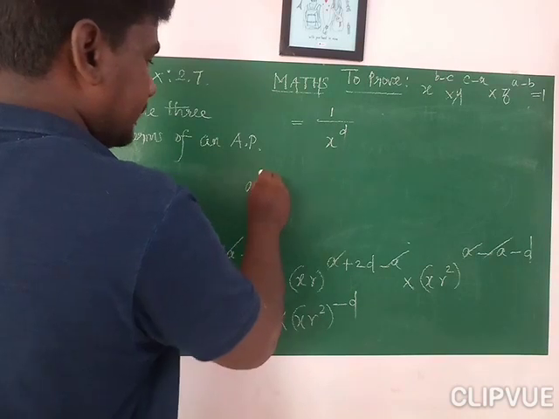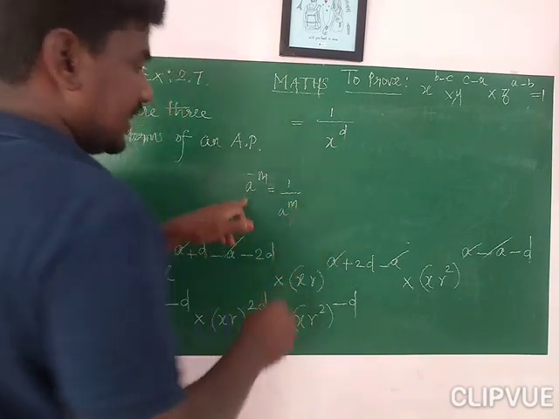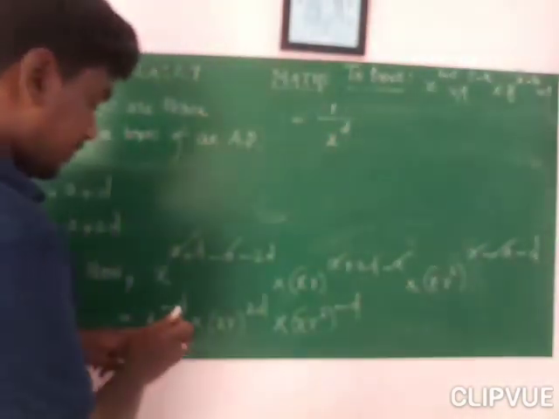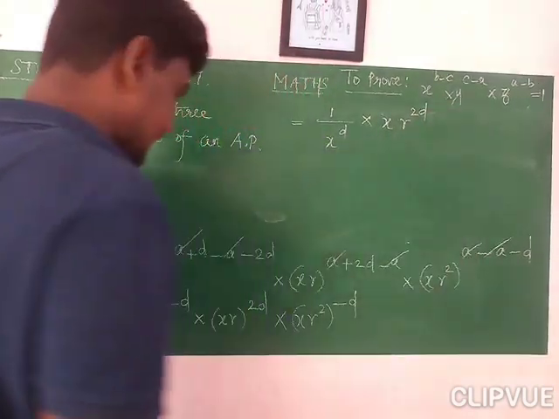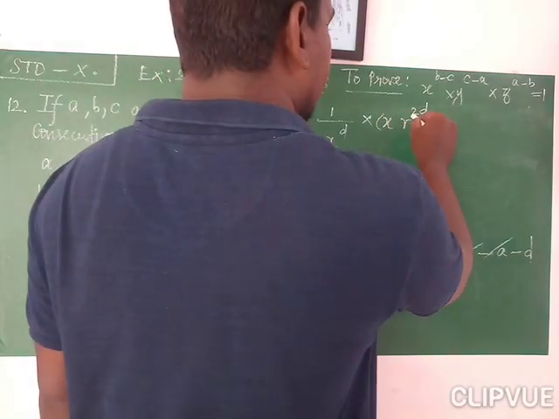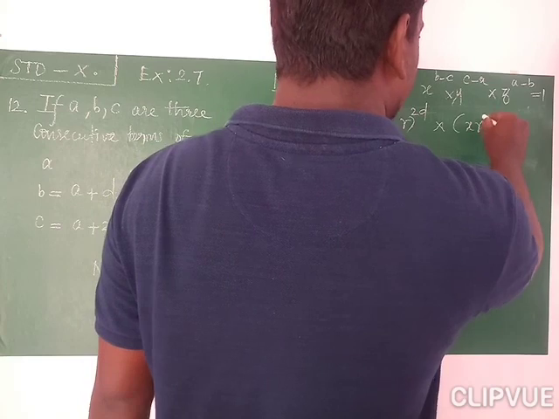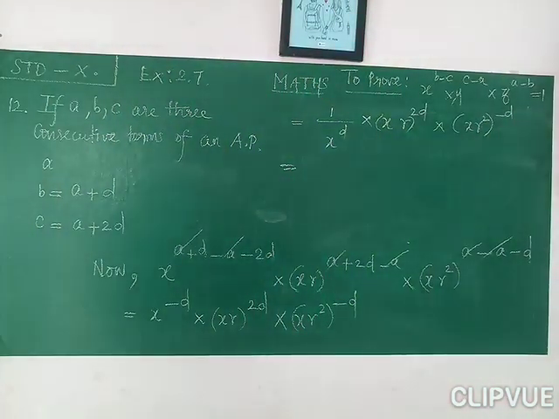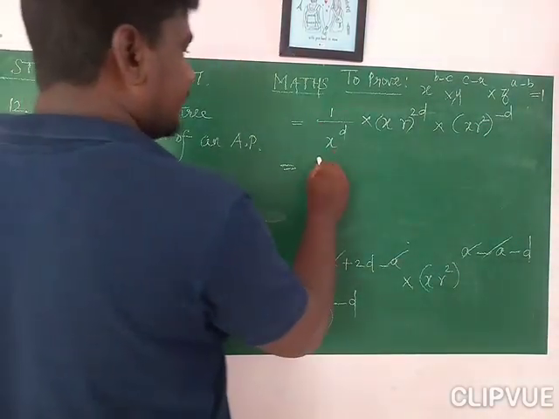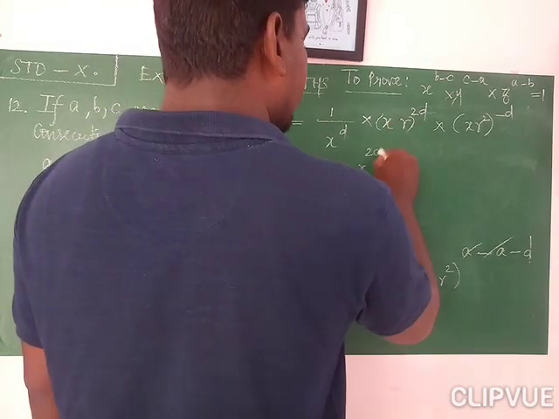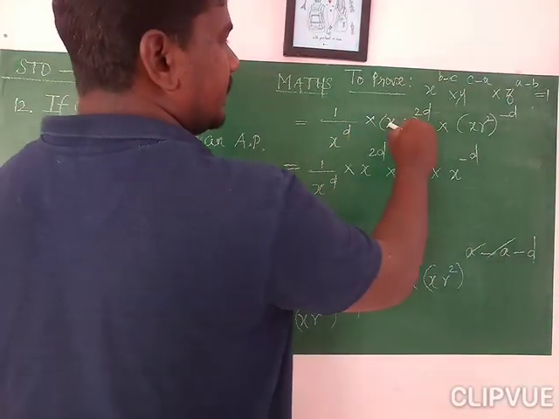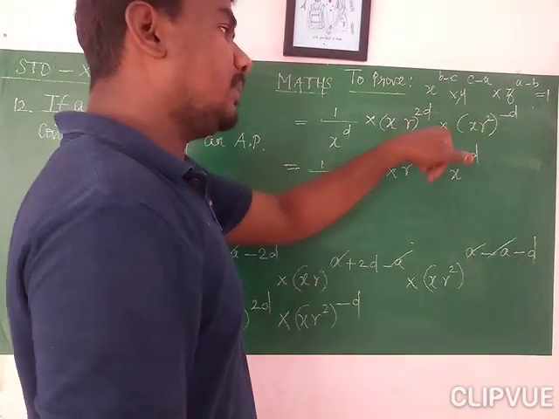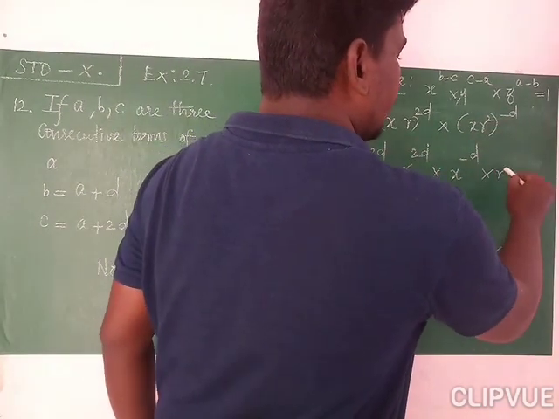The reciprocal law means A power minus M can be written as 1 by A power plus M. Like this, X power minus D can be written as 1 by X power D. Into X into R whole power 2D, which can be written as X power 2D into R power 2D, into X R square whole power minus D, which is X power minus D into R power minus 2D.